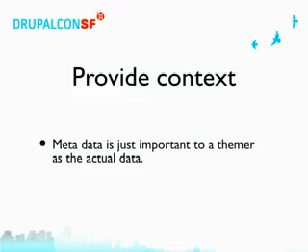This might be slightly different than this other one, because I need to know the subtle differentiation between this other call of the same theme hook. Give me some metadata so that I can have some context and I can do things based on that context.